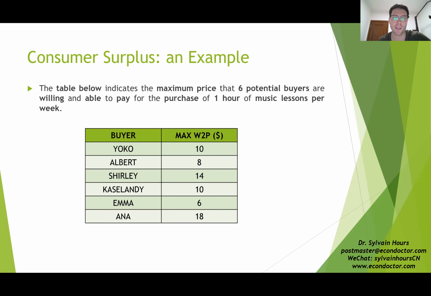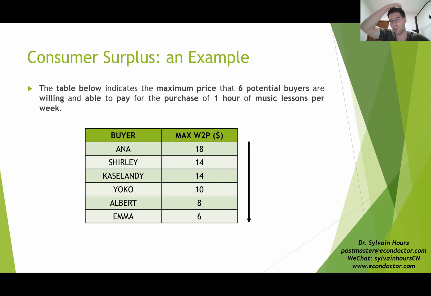I actually picked names of my students, so you can replace the names to make it more engaging. First, I can order the maximum willingness to pay from highest to lowest. That's just what I did. I took this data and ranked it from highest willingness to pay to lowest.